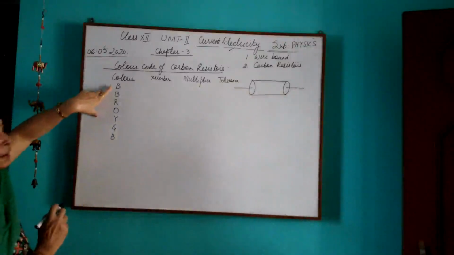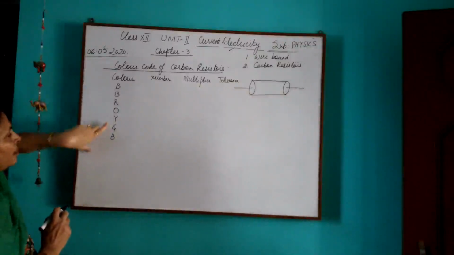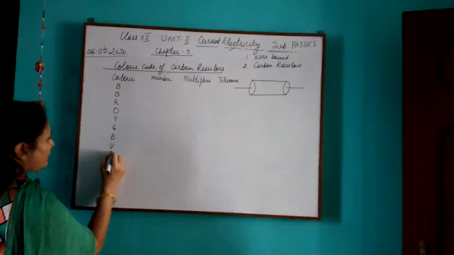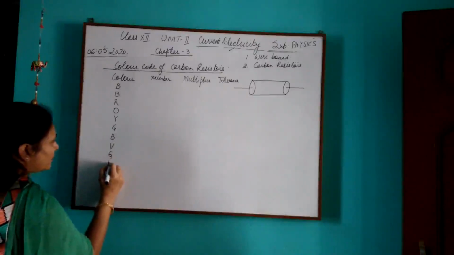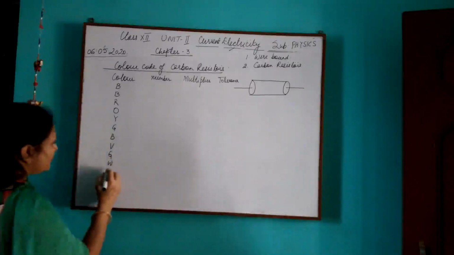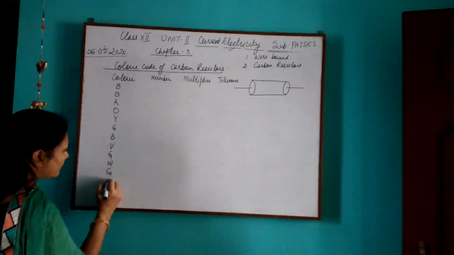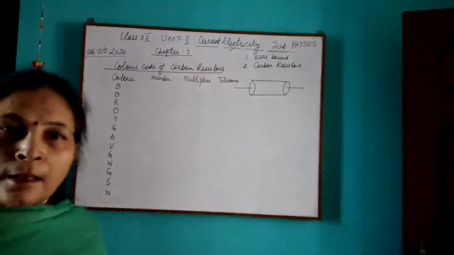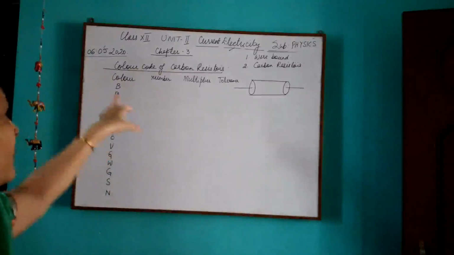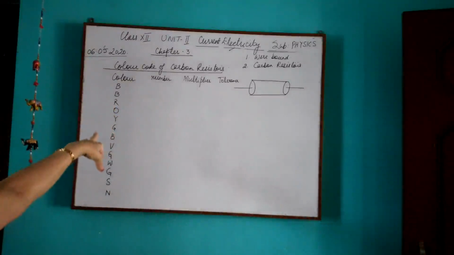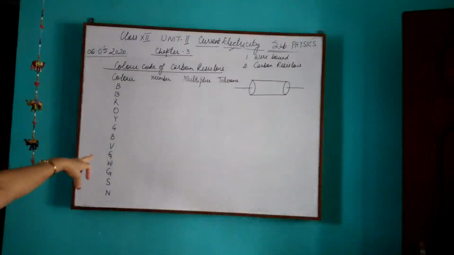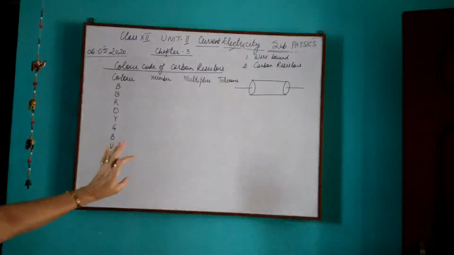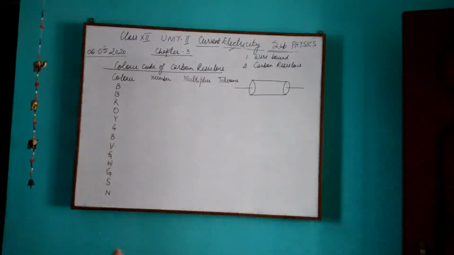I'm again repeating, B Roy, good boy, very good wife, gold, silver necklace. You remember the name in this manner: B Roy is a good boy, having very good wife, gold, silver necklace. Now these are the colors being represented.